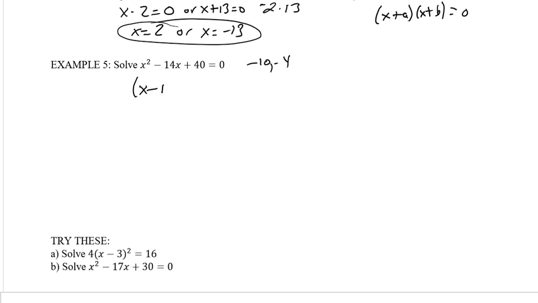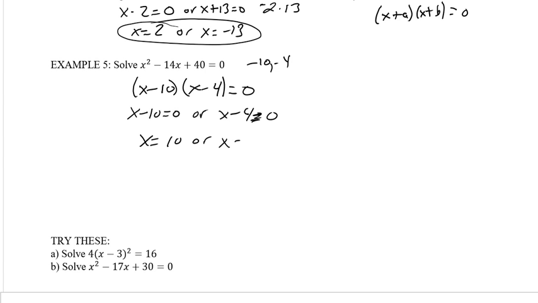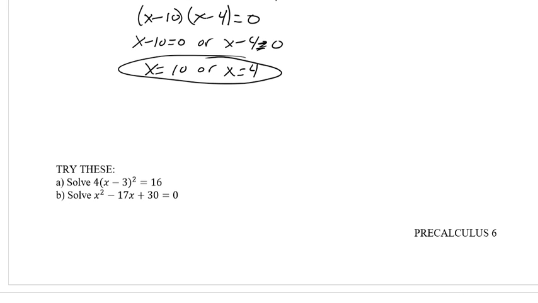So set those both equal to 0, the zero product property again. And so x equals 10 or x equals 4. Now you have these two down here that you can try. You can certainly pause the video, try those, and then come back and see how they're done.